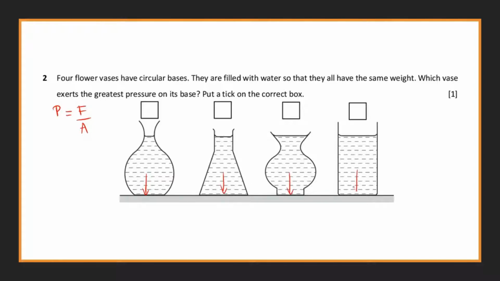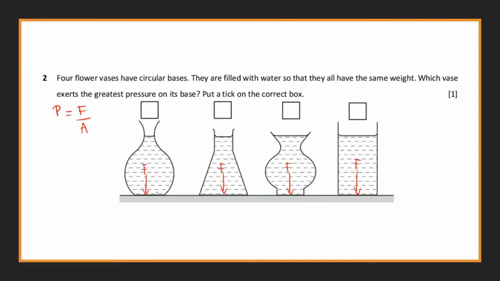Here are the forces. This is F. This one also F. F and F. All 4 F's have the same values. Therefore, to find the greatest pressure, we have to compare the area of the base of each vase here.